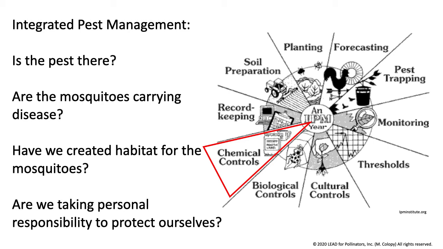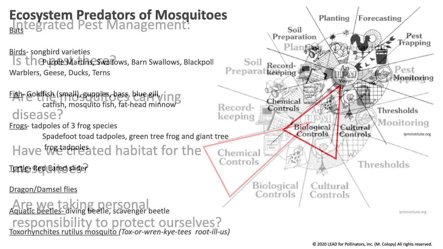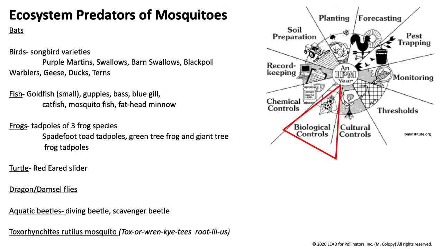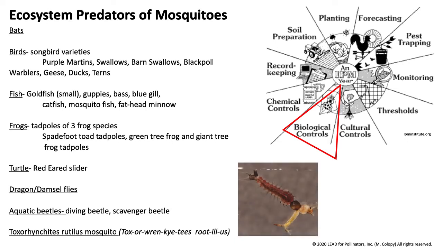Blanket applications of pesticides from airplanes, truck sprayers, backpack sprayers, and foggers are not the solution and are not effective. A healthy and diverse ecosystem provides biological controls, from bats and birds to spiders, beetles, and other mosquitoes. Mosquitoes are part of a balanced, healthy environment.